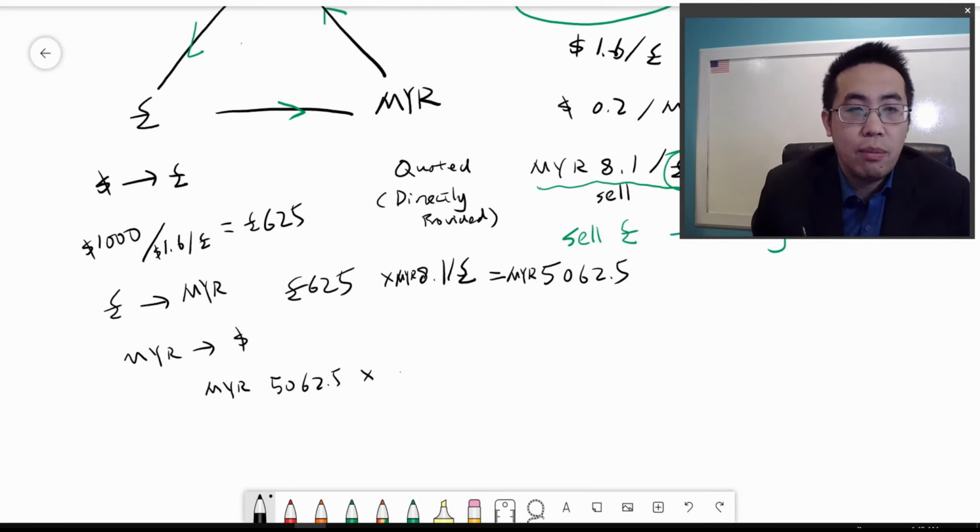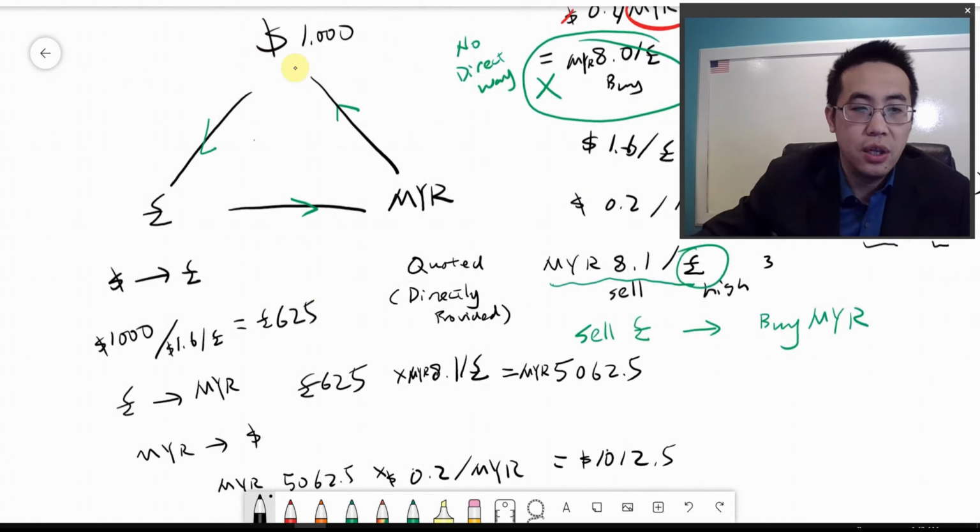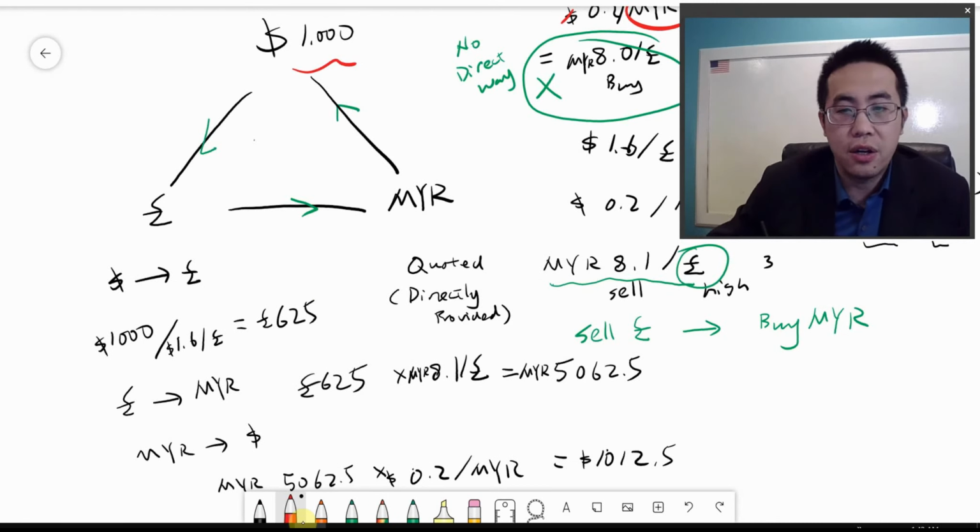But here you only have one price, so it should be $0.2 per Malaysian ringgit. And then this will give you $1,012.5. So you start with $1,000, and you end up with more than $1,000.